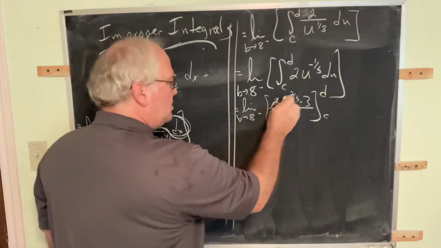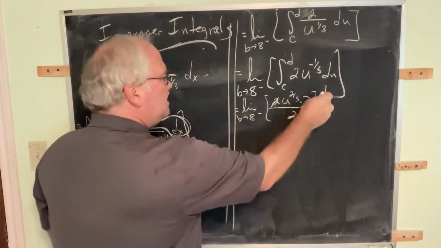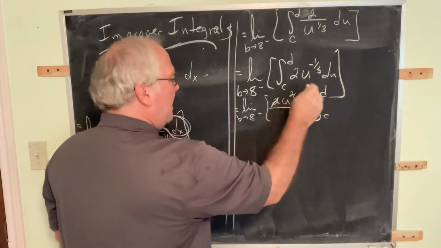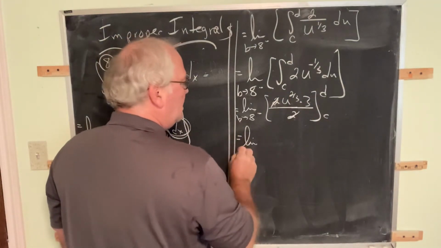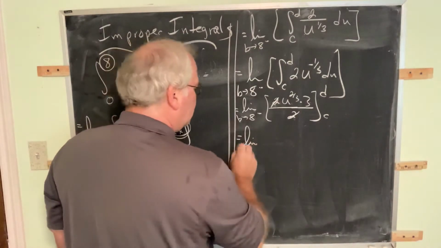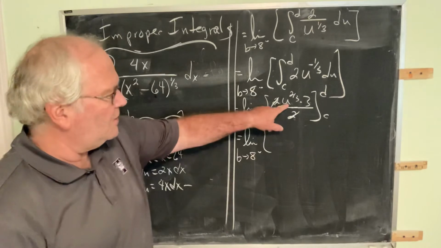So I have u to the 2/3. The 2's have canceled. I still have this 3 remaining. Evaluate at the upper minus evaluate at the lower. So this is the limit. We can go back to the original variable.